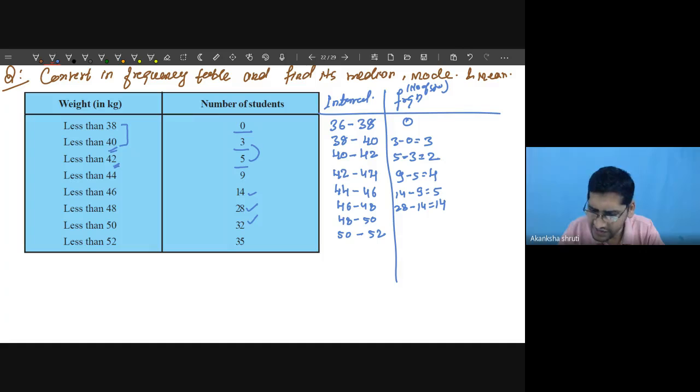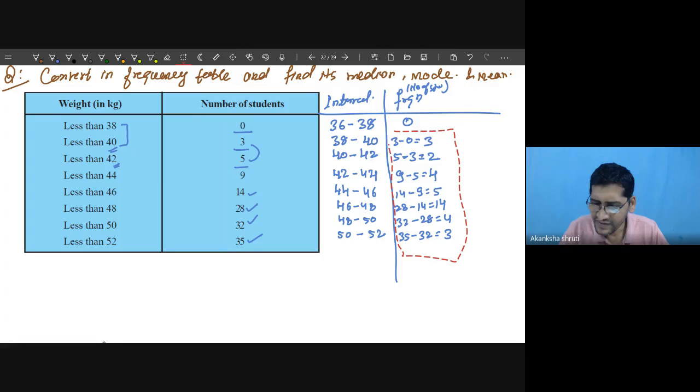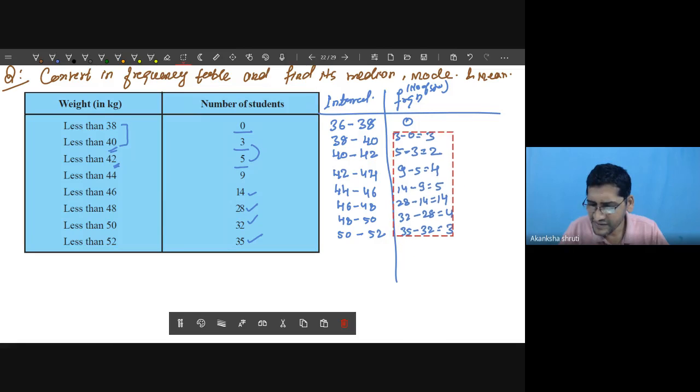Next one is 32 minus 28, it is 4. Next one is 35 minus 32, it is 3. That's all. This way we have converted the given data in terms of their frequency.